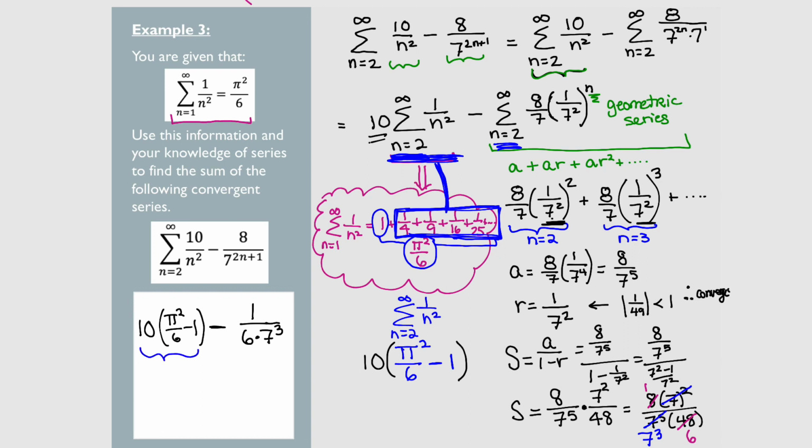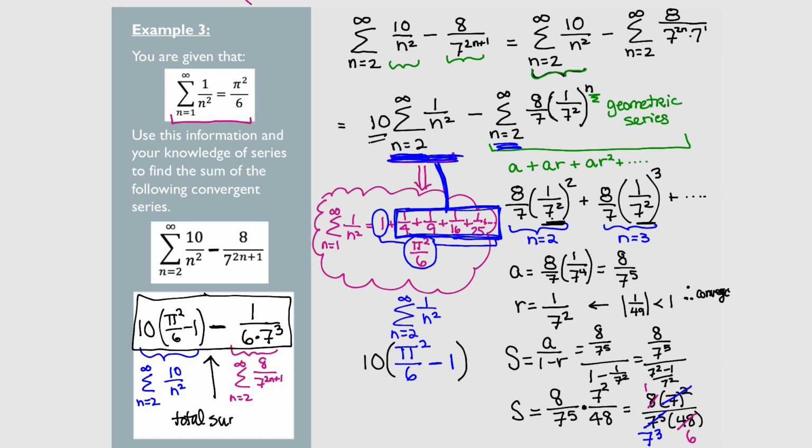So this is the sum of the series n equals 2 to infinity of 10 over n squared, and this is the sum of the series n equals 2 to infinity of 8 over 7 to the 2n plus 1. And in WebWork, you need to put all of the pieces together with a minus in between, because there's a minus in between these series, to get the total sum. So this is going to be the total sum for my series.